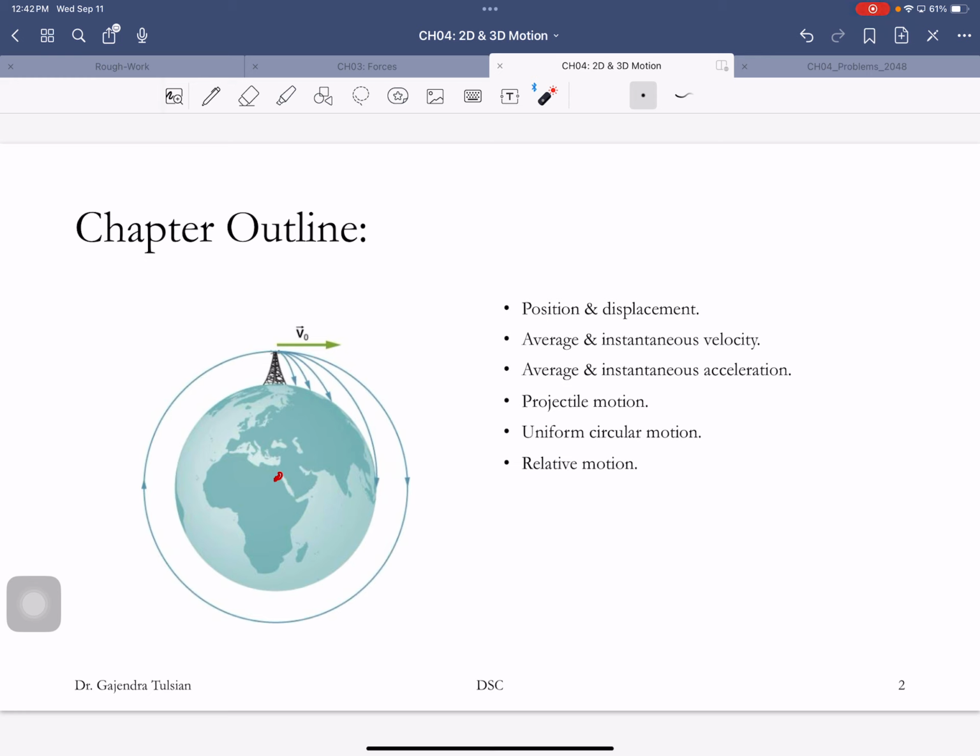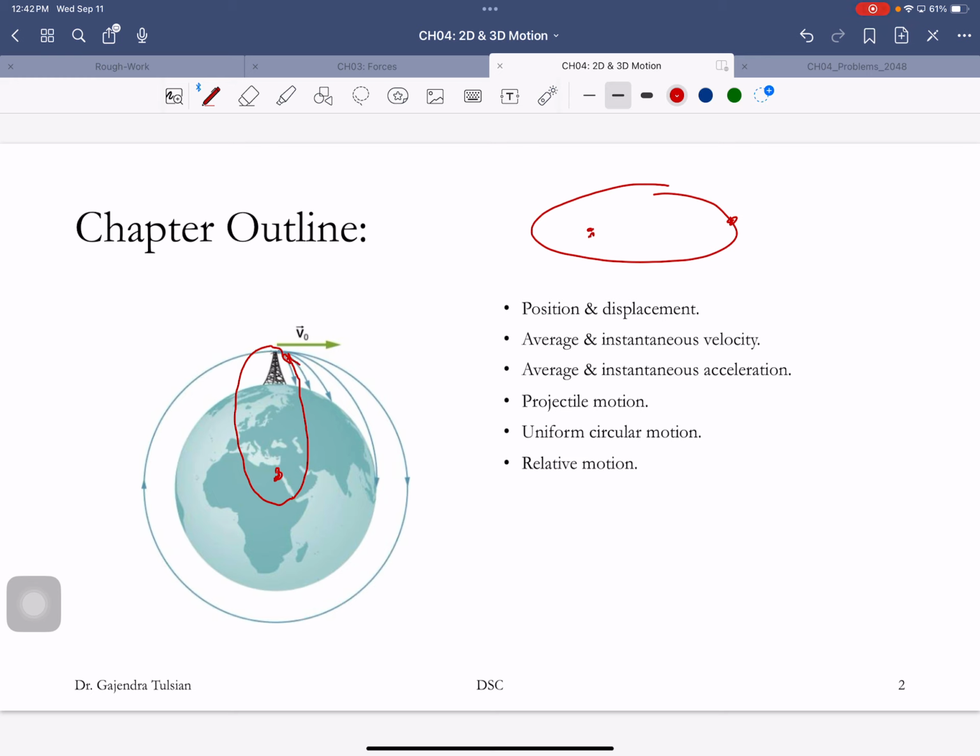If it could go through Earth, it would be an elliptical trajectory with the center of the Earth at one of the foci. This is exactly like the trajectory of planets with the sun at one of the focal points.